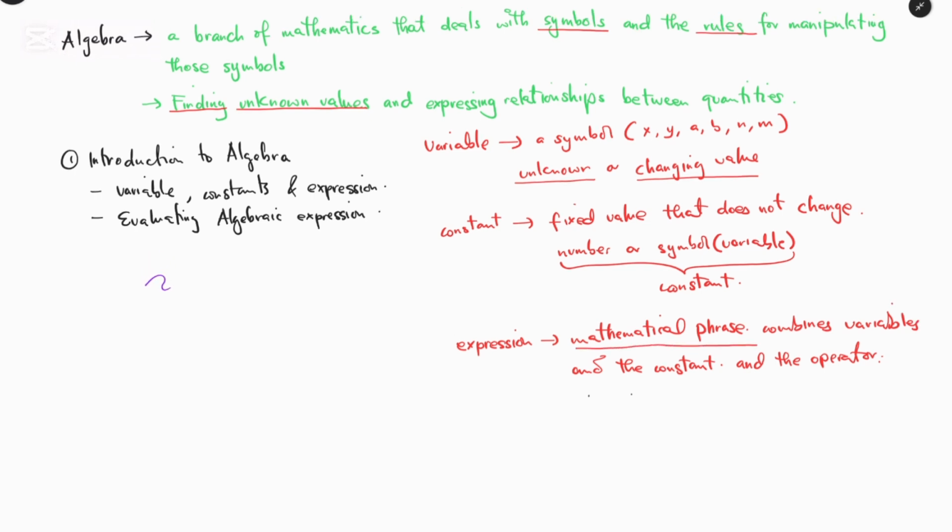For example, you can have y is equals to 3x plus 4. Now we can see that this represents the expression where it contains a constant term and the variables.